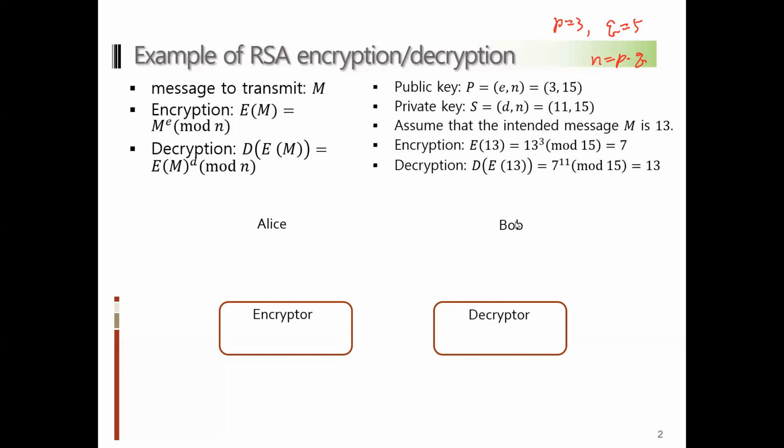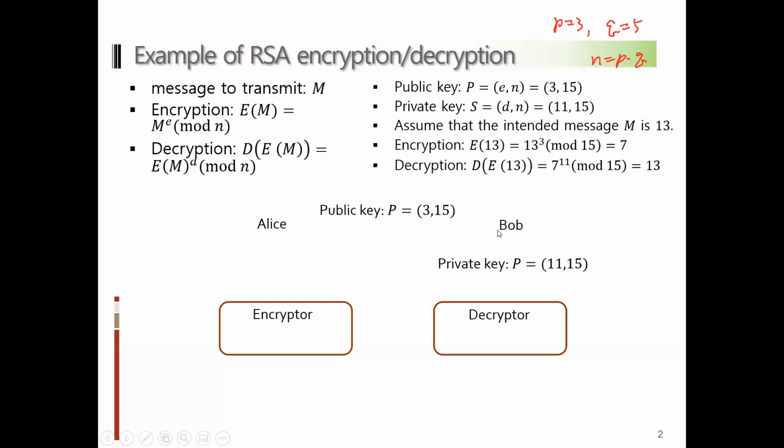What Bob does first is generate his own public key and private key. As I mentioned, I will show you how to generate the private key. But you know how Bob can generate this 15: just randomly choose two very big prime numbers and multiply them, and this other number is just randomly chosen.